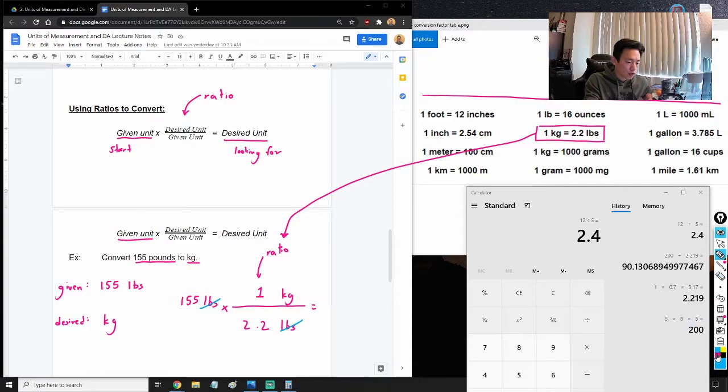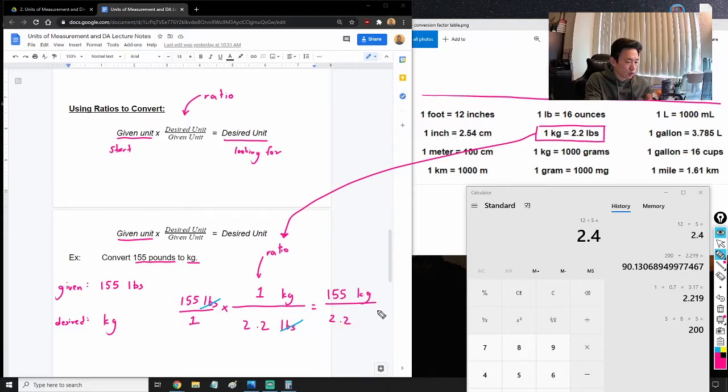So what we're going to do is multiply the tops, because this is basically over 1. 155 times 1 is going to be 155. And we have kilograms on top, so we're going to keep the kilograms, divided by 1 times 2.2, so we have 2.2 on the bottom, and we got rid of pounds.